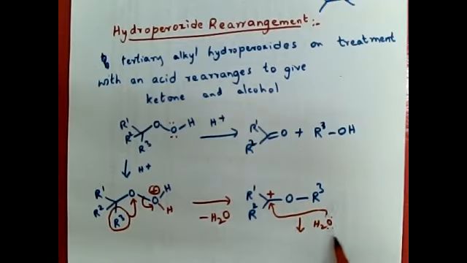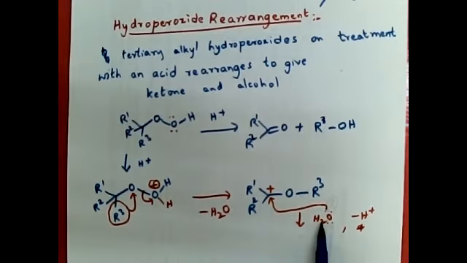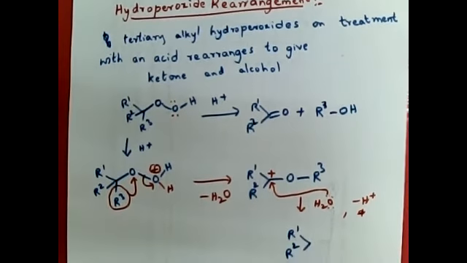When we remove one of the protons on water, it becomes alcohol. So water will be adding, it becomes H2O plus. When we take out one proton, it becomes OH.